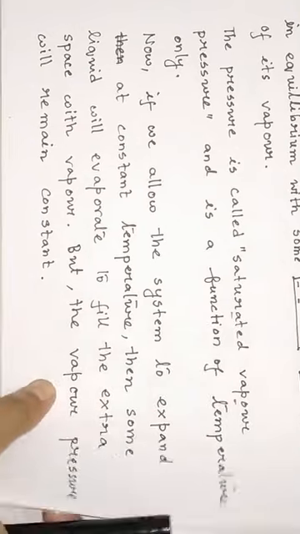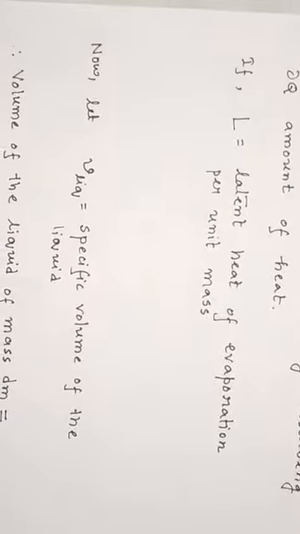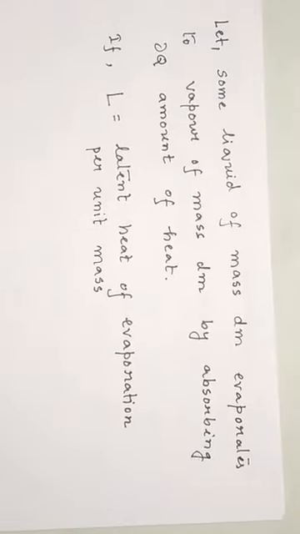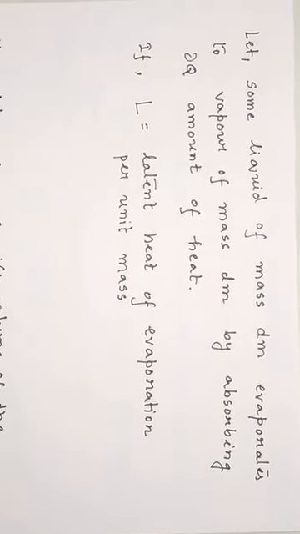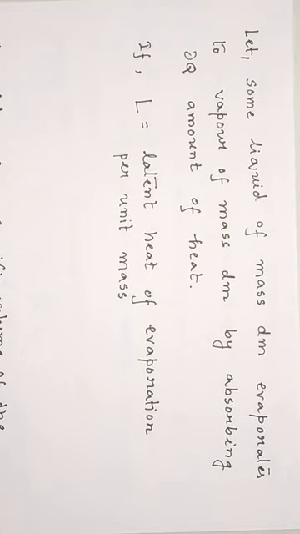So now let's say during this expansion some liquid of mass dm evaporates to vapor of mass dm. So the amount of liquid which evaporates to vapor is, suppose, a mass dm.